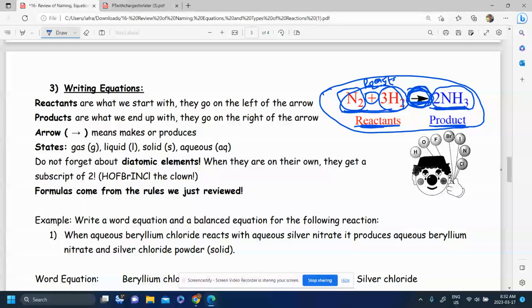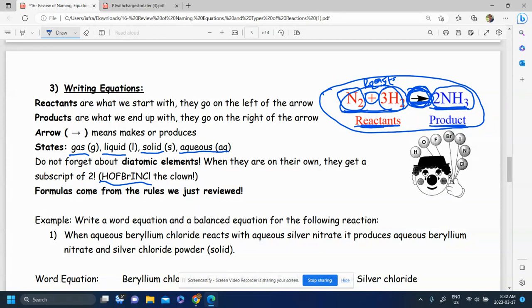You can also, in a reaction, write the states. The states are either gas, liquid, solid, or aqueous. Generally, you'll be told the states, but there are some you'll kind of need to know. So, for example, the Hofbrinkel, as we saw in the previous video, we know what the states of those are. Metals are usually solid at room temperature.